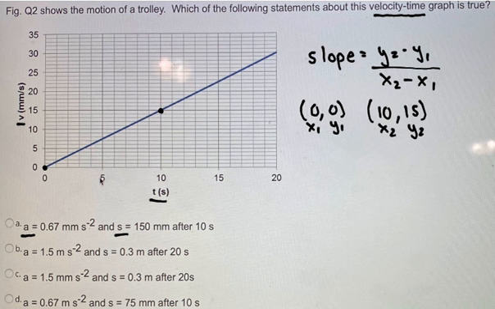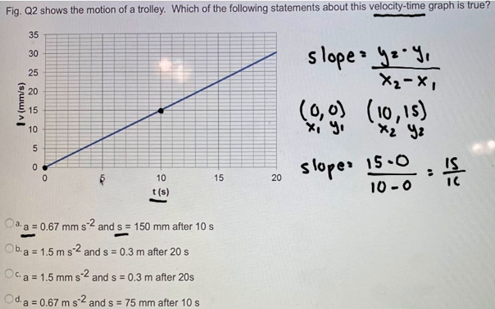So plugging that into our slope equation, we get slope is equal to y2 is 15 minus y1 is 0 over x2 is 10 minus x1 is 0. So that gives us 15 over 10, or 1.5.